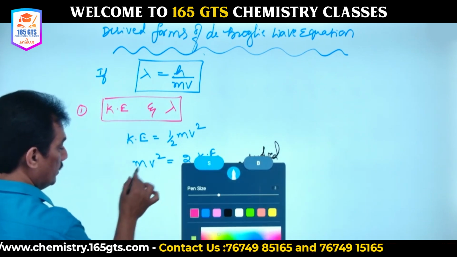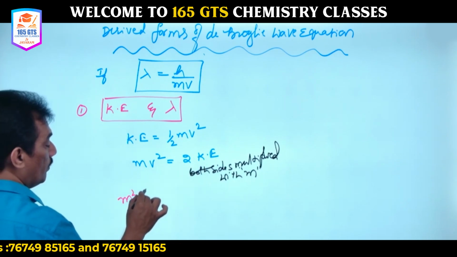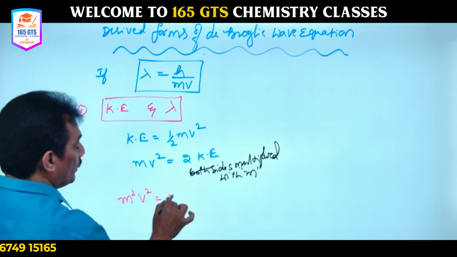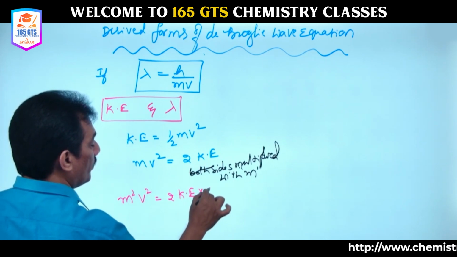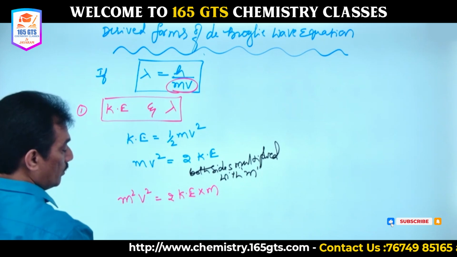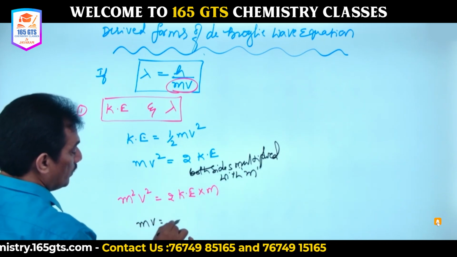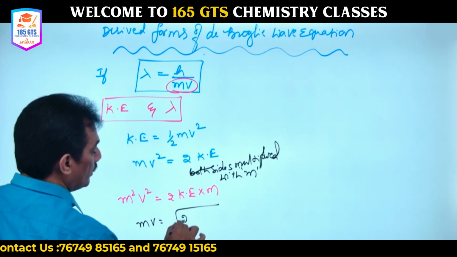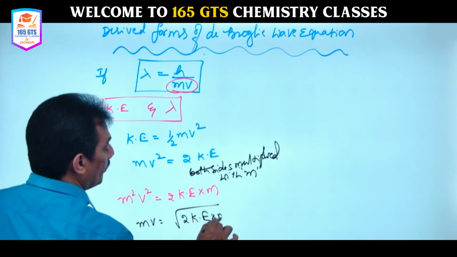Then what we are getting here, already m is there. m into m square v square is equal to 2KE into m. But what we require is mv. So from this relation, mv is equal to under root of 2 into kinetic energy into m.